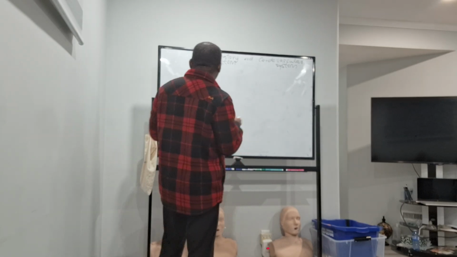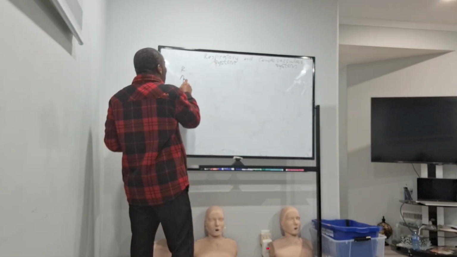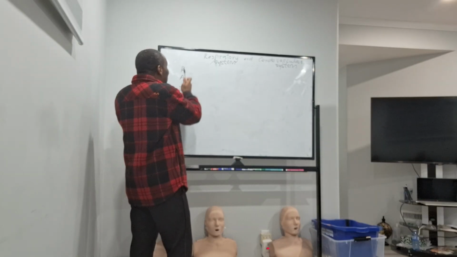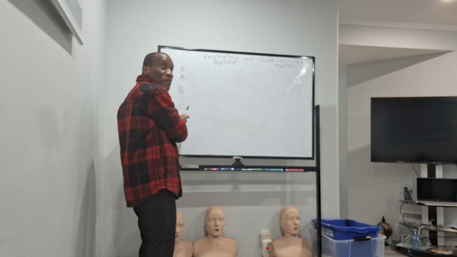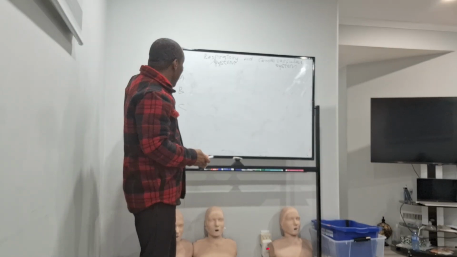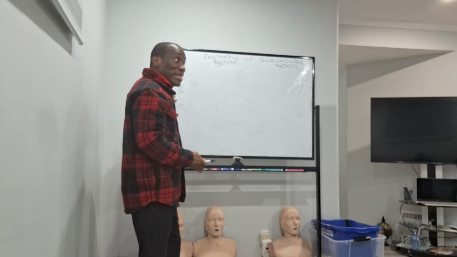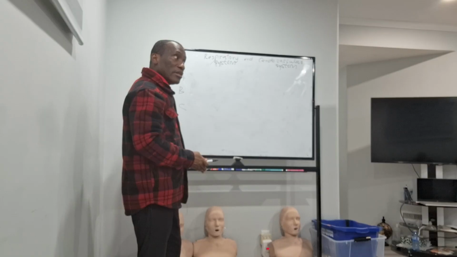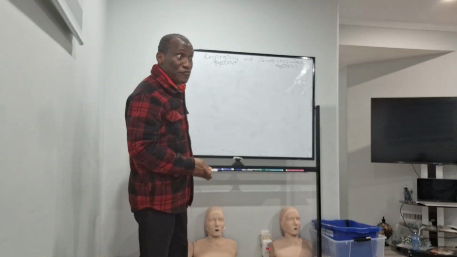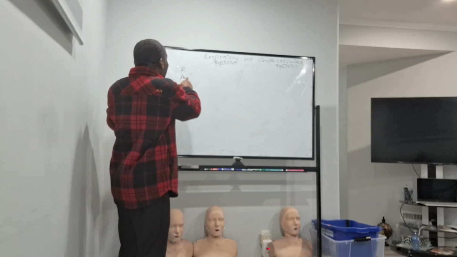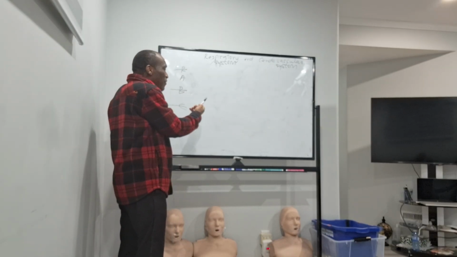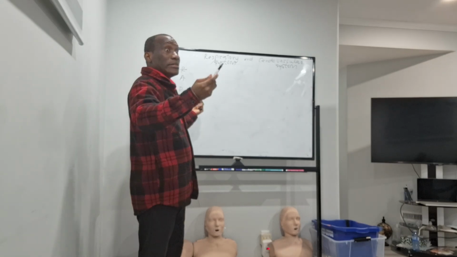Remember when we talked about ABC yesterday, right? We said when you do primary survey, you assess for responsiveness, airway, breathing, circulation. And we told you that these are the things that determine life. If anything takes any of them away, life is threatened.